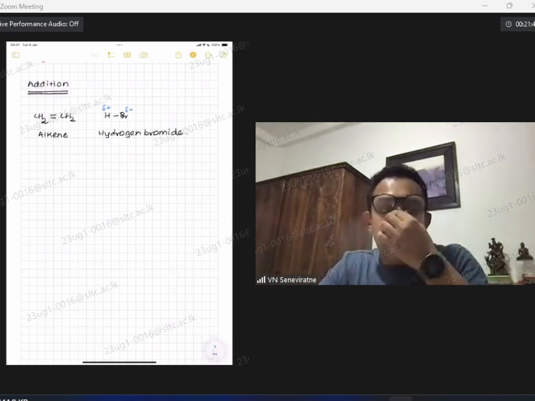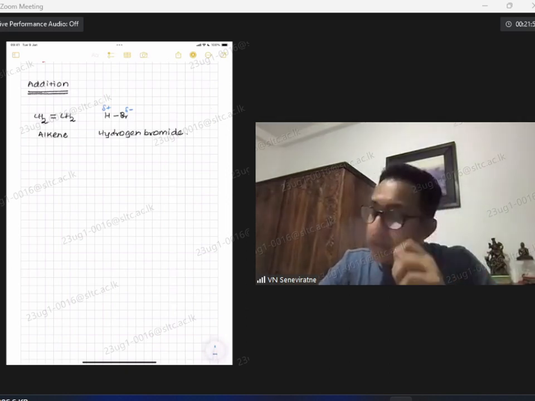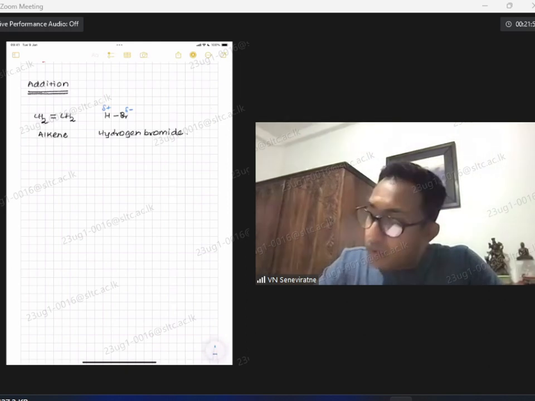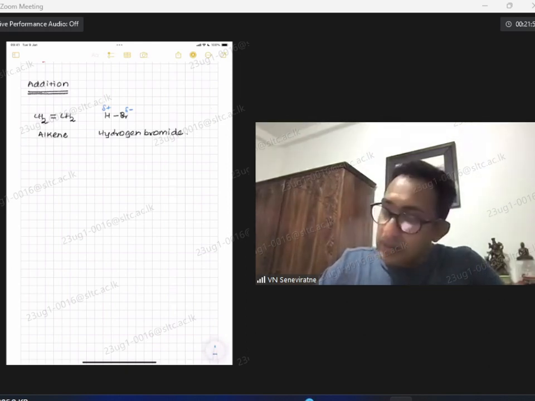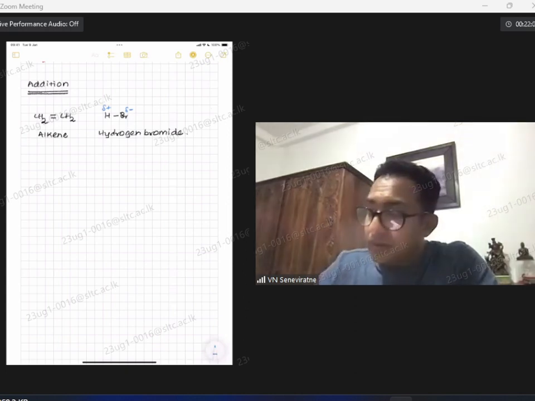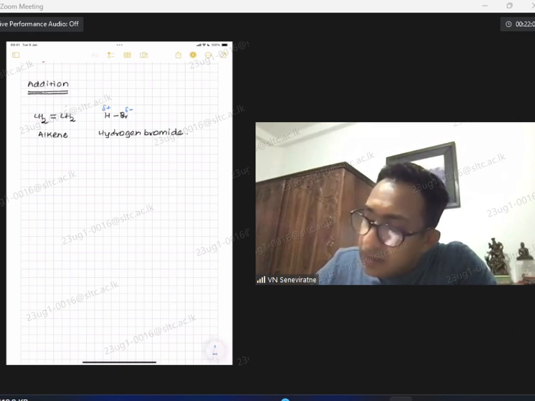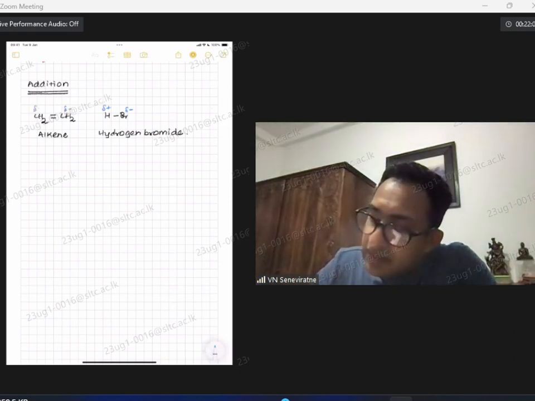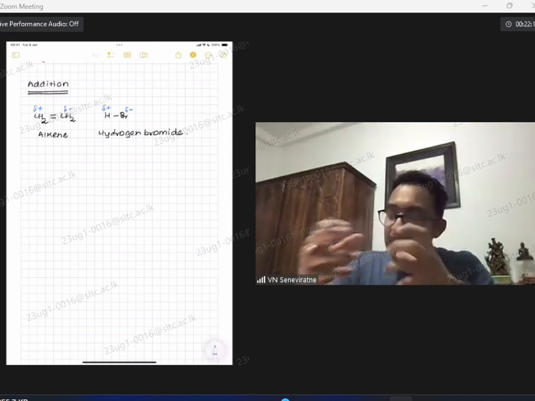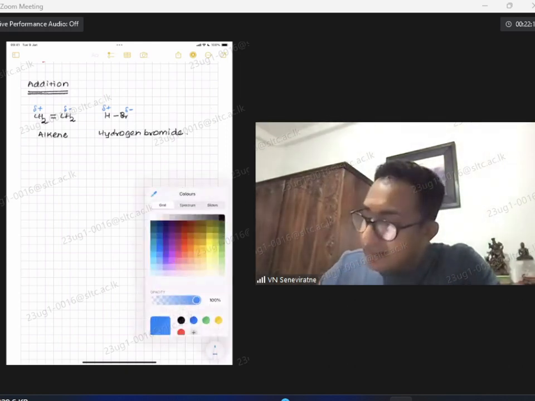Hydrogen doesn't have that capability, so hydrogen gets a positive charge, bromine gets a negative charge. Now, the CH2 is a very symmetric molecule. This works like a kind of magnet.